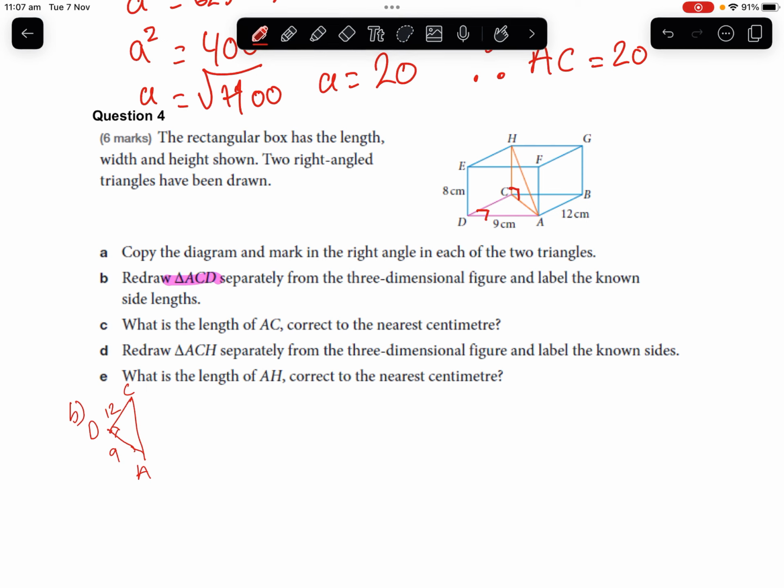C. What is the length of AC? Because this is a right angle triangle, we can use Pythagoras to find what AC is. A squared plus B squared is equal to C squared. Let A, for example, be 9, so 9 squared, plus B squared, B is 12, is equal to C squared.